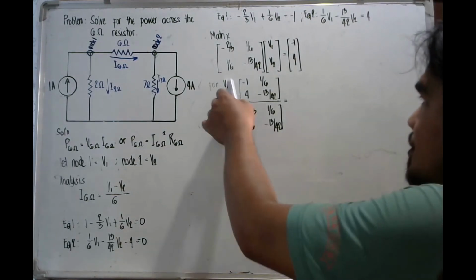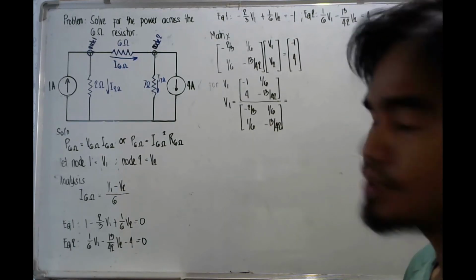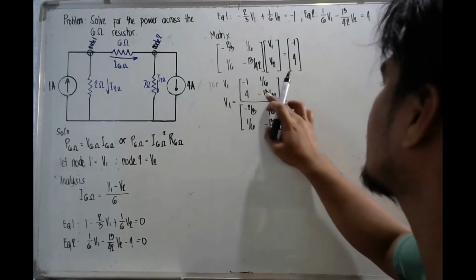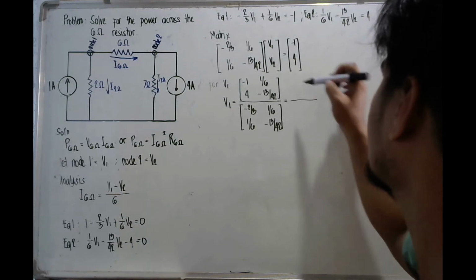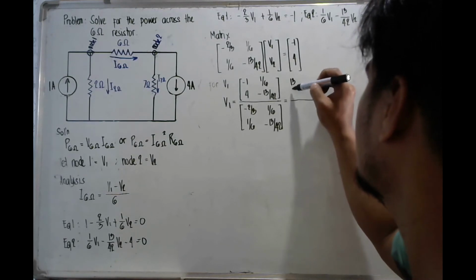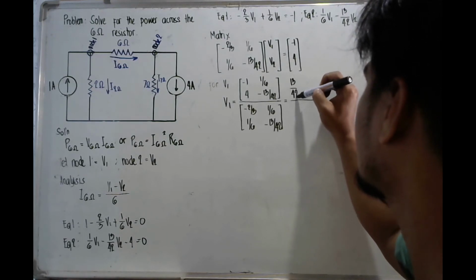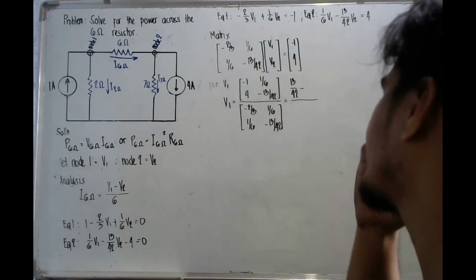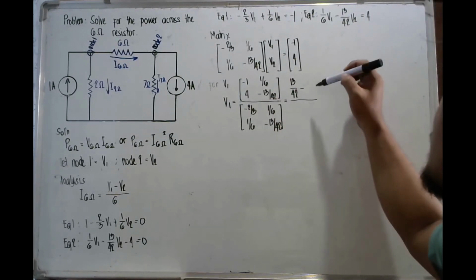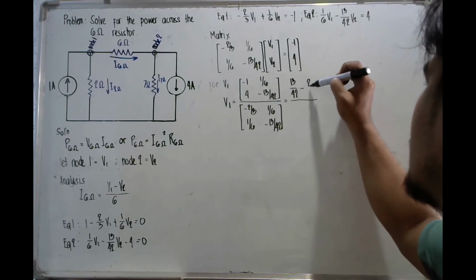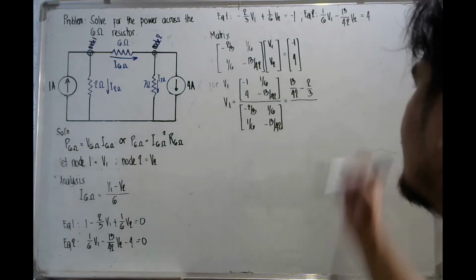Then solving for each determinant: 1 times negative 13 over 42, so it's positive 13 over 42, minus the upward diagonal, 4 times 1/6, so positive 2/3.